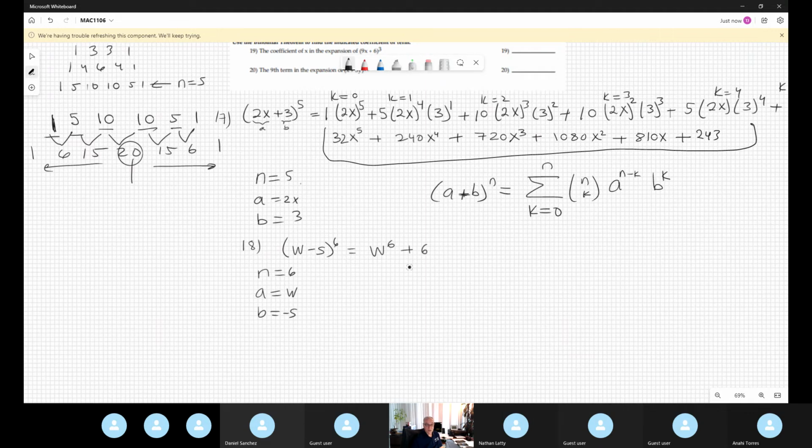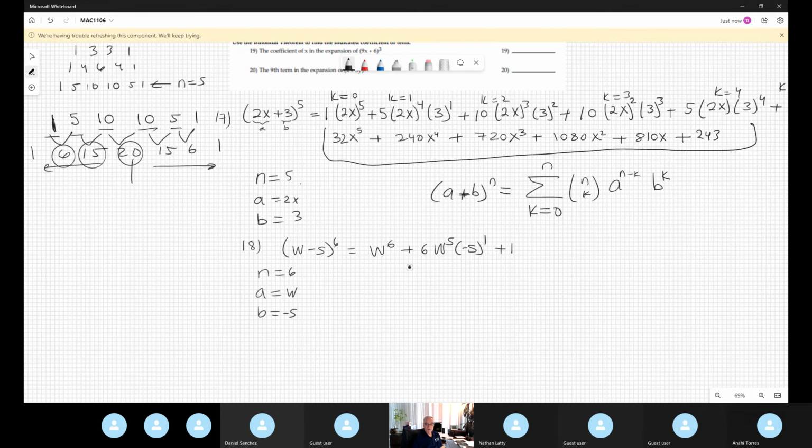So now the expansion of this binomial would be W to the 6th, no S, plus 6 times, look at that, W5 decreasing and minus S to the 1 power. For a moment, leave it like that. After we align of clearance. The next is 15.